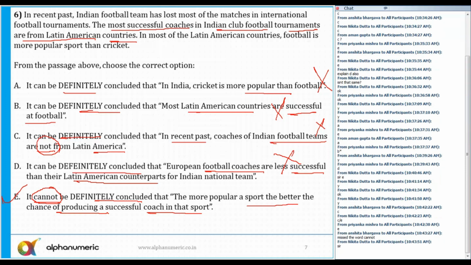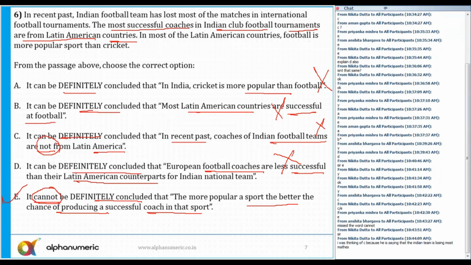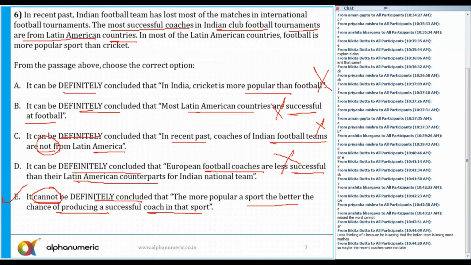Yes, Nikita? You were thinking of C, but over here you're saying the most successful coaches in Indian club football tournaments are from Latin America.